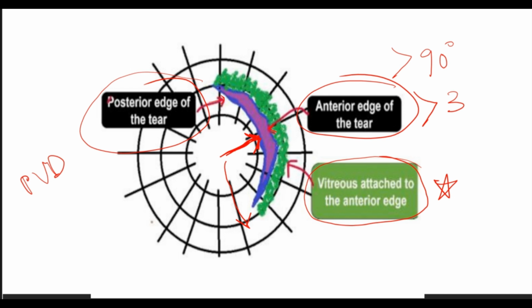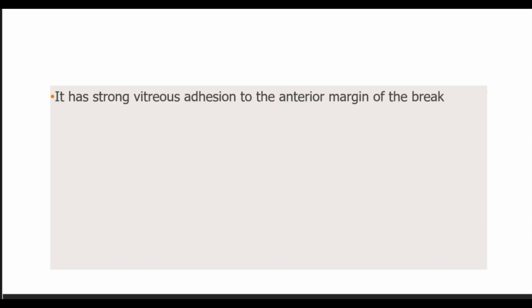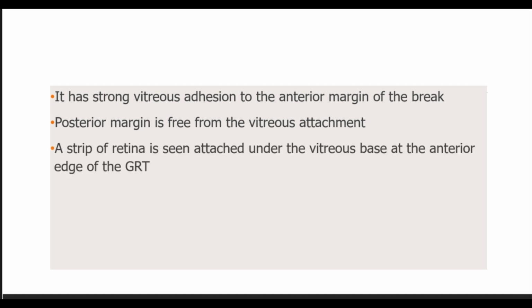And we know that the vitreous detachment basically starts at the posterior level and then it goes to the anterior level. Okay, and that is the reason why we do not have any vitreous attachment to the posterior edge of the giant retinal tear. Now, this is a very important point. So, a giant retinal tear will have a strong vitreous adhesion at the anterior margin of the break, and the posterior margin of the break is free of vitreous attachment.